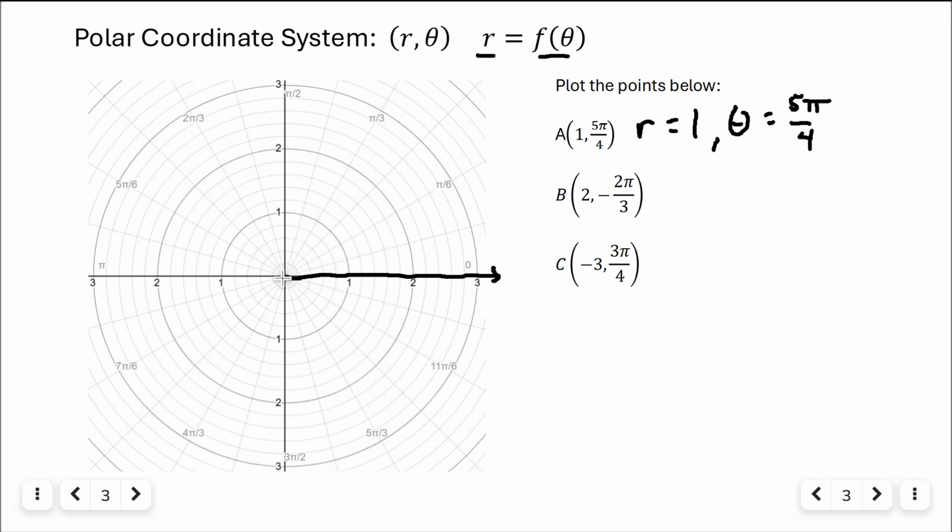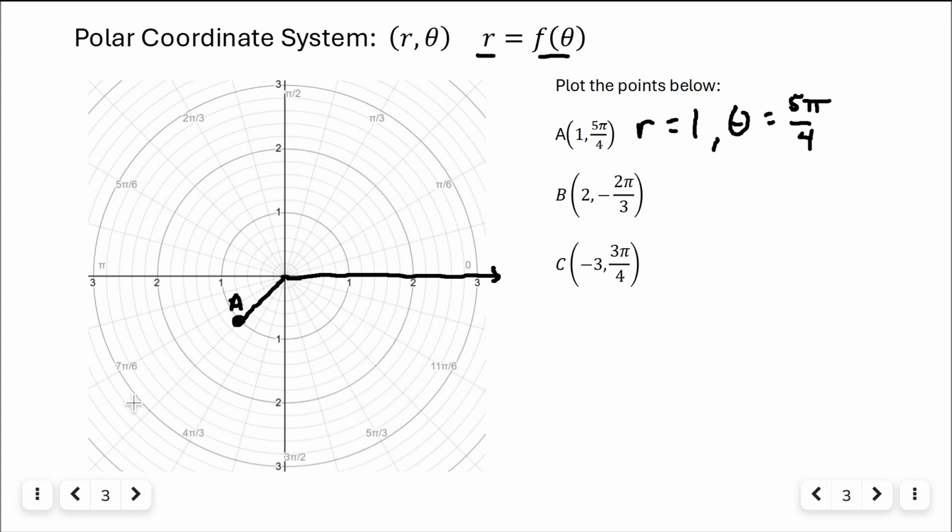Let's find 5 pi over 4. 5 pi over 4 is here, this angle between 7 pi over 6 and 4 pi over 3. And I'm going to draw out to a radius of 1. So out to a radius of 1. And that's where my point A would go. Okay? So again, it's at this angle, around this way, at the radius of 1.